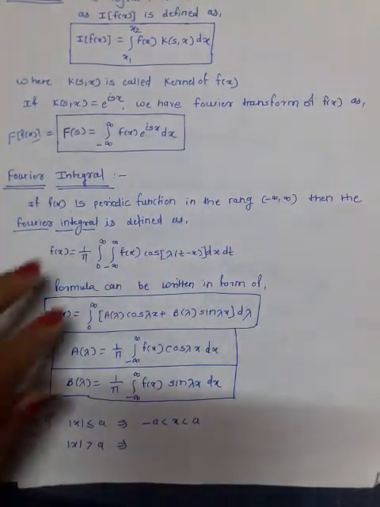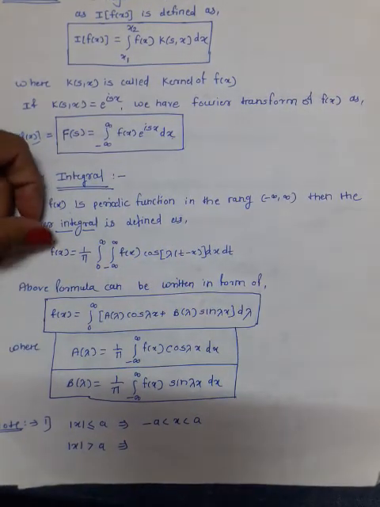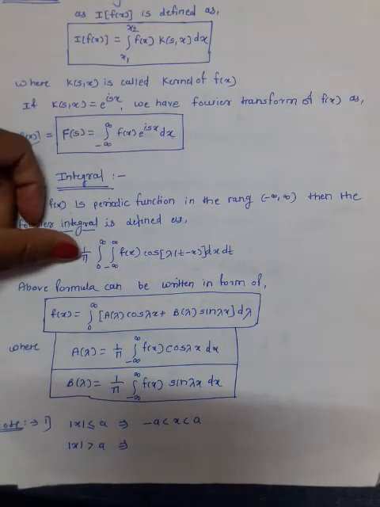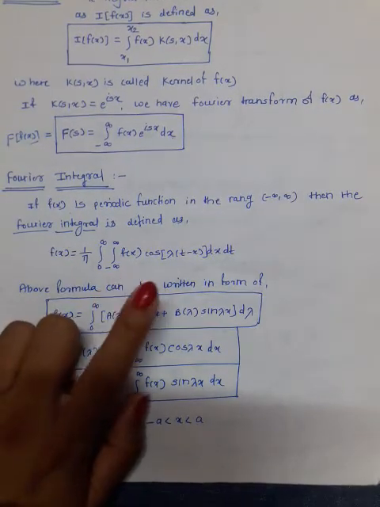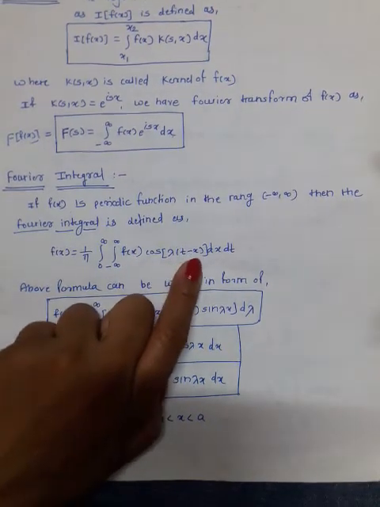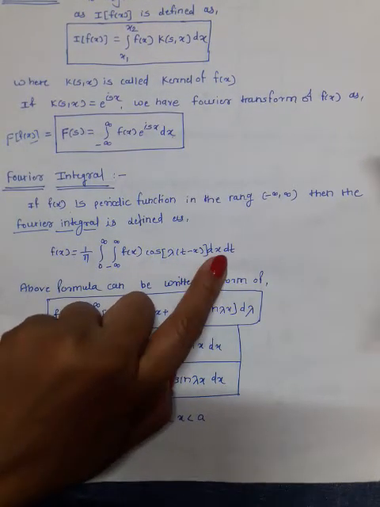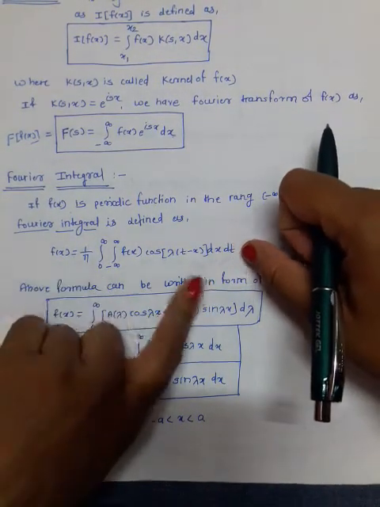The Fourier integral of a function is defined as follows, these are very important formulae. f(x) is equal to 1 upon pi, integration 0 to infinity, into a double integration again from minus infinity to plus infinity, f(t) cos lambda (t minus x) within brackets, dt d-lambda. This is the basic definition of Fourier integral.